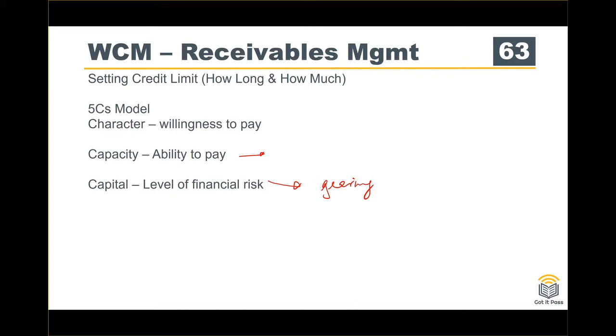If the company finances its assets, say an asset-heavy company, with 99% financed from borrowings, it means the debt to equity ratio, the gearing, is so high that some companies are not willing to grant any credit to it, because they think it's risky.